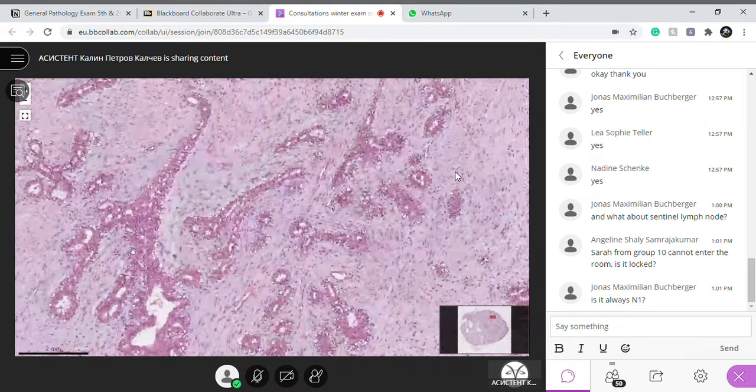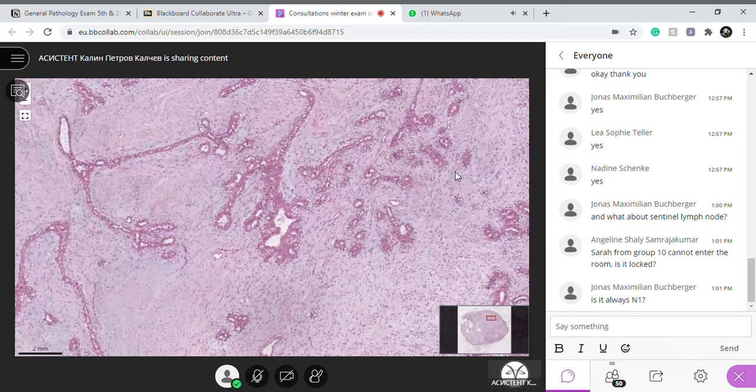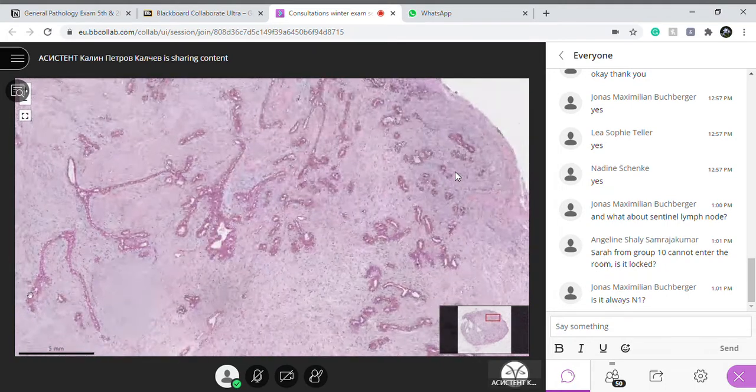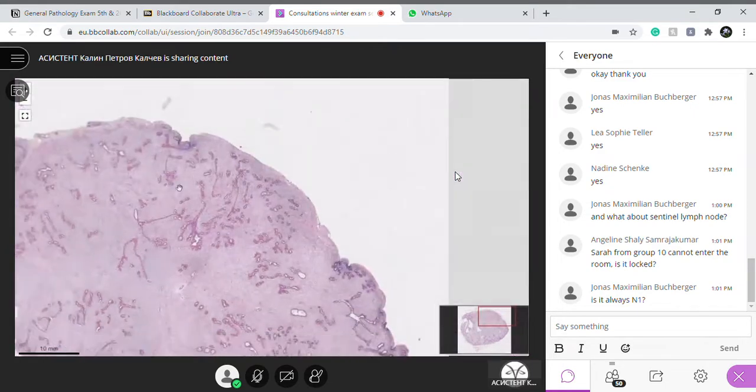Another feature that you see here is compression of those glandular structures by the surrounding stroma. Here, the interaction between the glands and the stroma is so strong that the stroma is compressing the glands. They are smashed between these proliferated stromal elements, and that's why they make these leaf-like structures here.